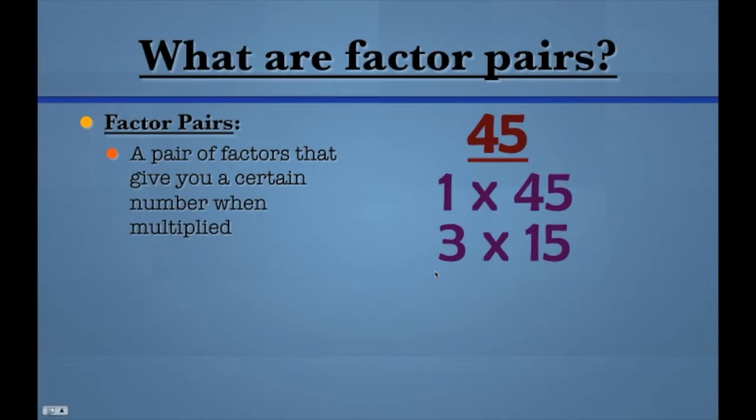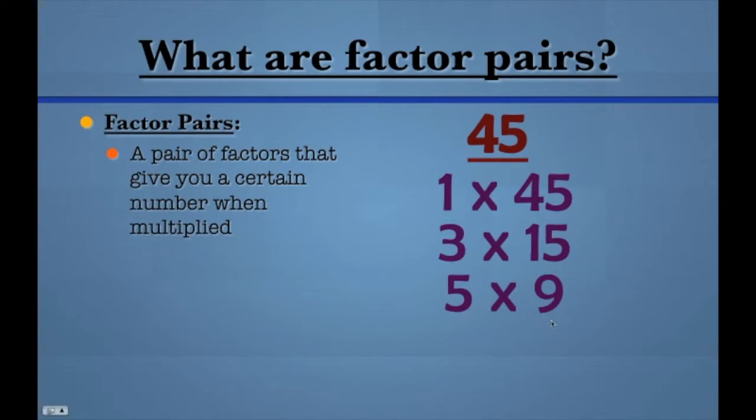Is 4 a factor of 45? No. Is 5 a factor of 45? Yes, because 5 times 9 will give us 45. This is our third factor pair. 6 is not a factor of 45. 7 is not a factor. 8 is not a factor. 9 is a factor, but it's already here.